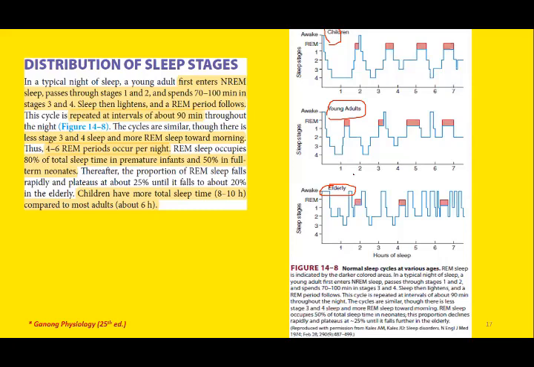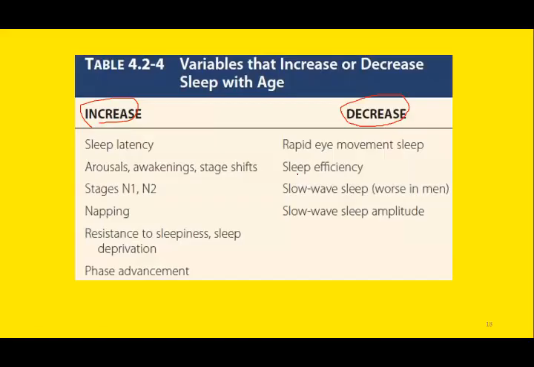So this means there is variation with age. Some variables decrease with age. For example, sleep efficiency is decreased with age. Rapid eye movements are not as frequently observed as we observe in young people.